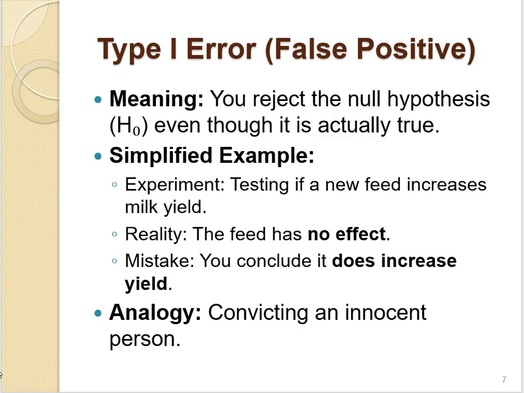So simplified example is we are testing if a new feed increases milk yield, while in reality the feed has no effect, but mistakenly we conclude it does increase milk yield. So it is called false positive. In general terms, it's like convicting an innocent person.